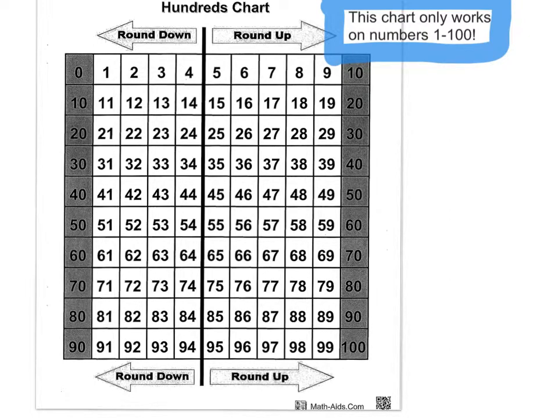Let's say the number I gave you was... I don't want you to write this part. If you're doing this, you should not have any of this part written down. Your hundreds chart should look the same. You are not writing anything on your hundreds chart. Nothing. You write nothing from this point on.